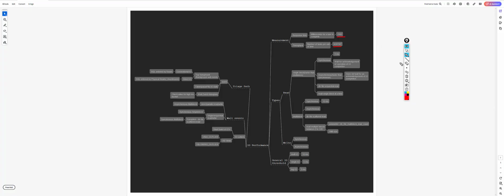Let us come to the generic IO threshold for all the IOs. As I already told you, 10 milliseconds is the universally acceptable average IO wait for all Oracle databases. We can further break it down into single IO and multi-IO: single block reads is 5 milliseconds and multi-block reads is 10 milliseconds.